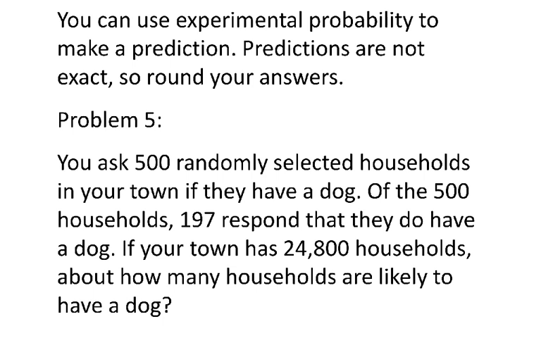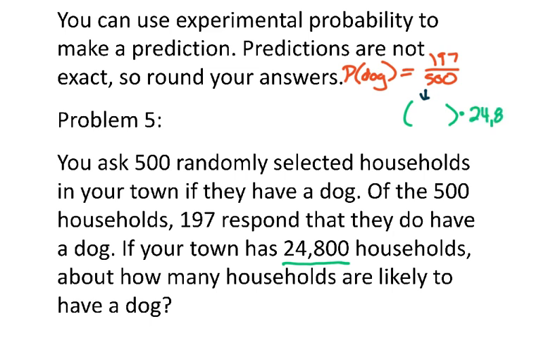So again, there's not enough room really. I'll write it up here. So first I want to find the probability that somebody has a dog. So based off our sample, 197 out of 500 households had a dog. Now I could change this into a decimal if I wanted to. But if my town has 24,800, what I'm going to do is take this probability and multiply it to 24,800.